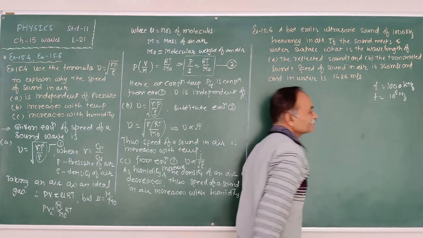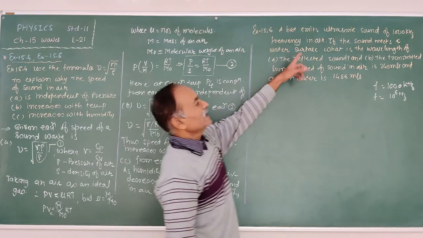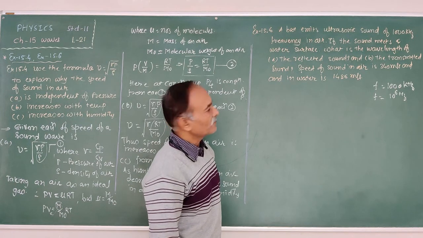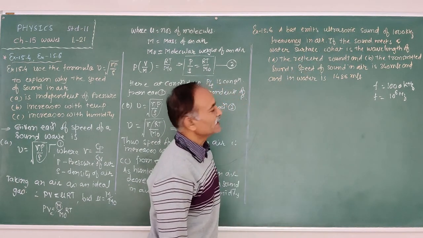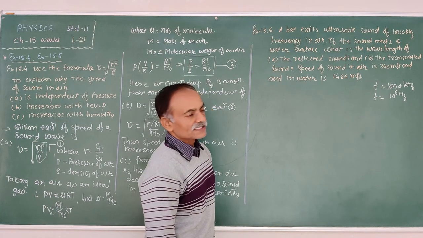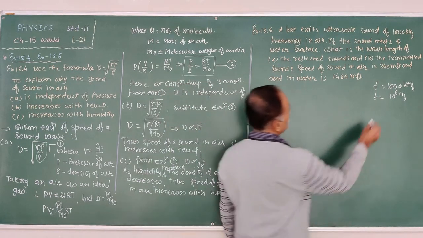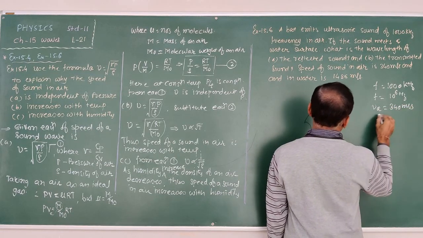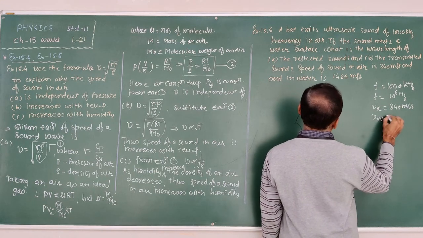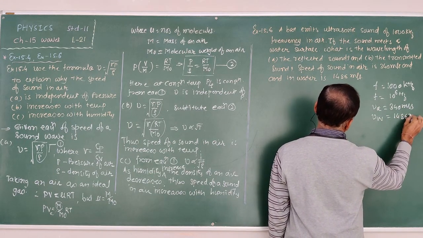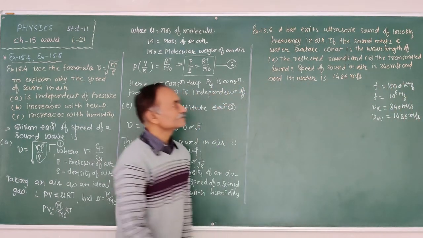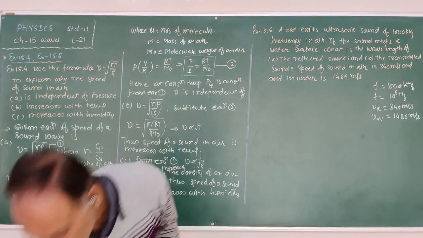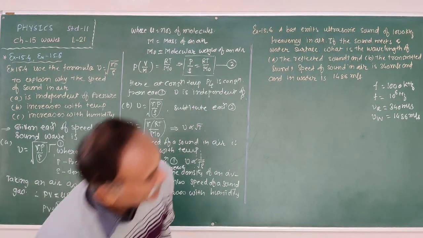F is equal to 10^6 hertz. In air, if the sound meets a water surface, what is the wavelength of the reflected sound and transmitted sound? The speed of sound in air medium VA is given 340 meter per second, and in water medium VW is given 1486 meter per second. Find the wavelength of reflected and transmitted sound wave in air medium and also the water medium.